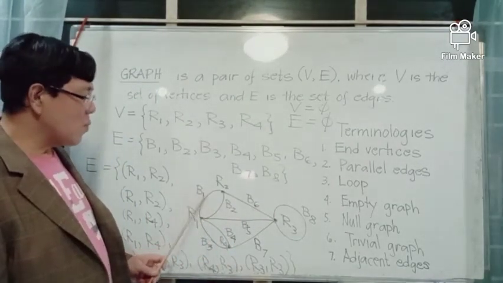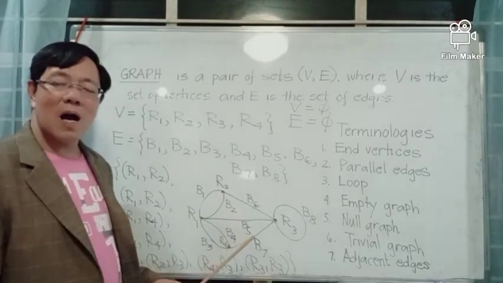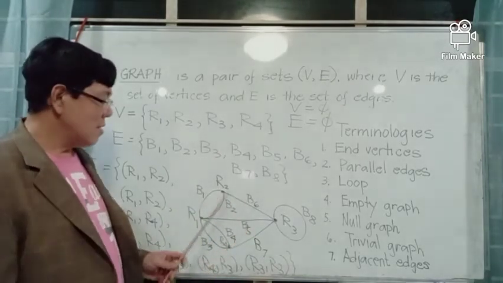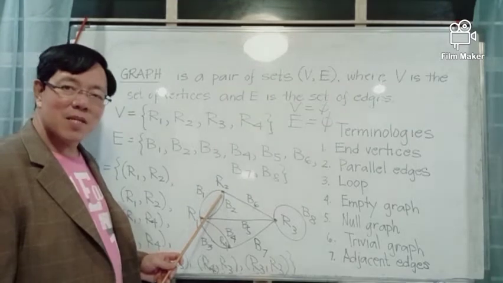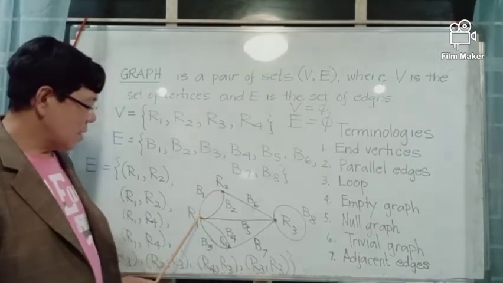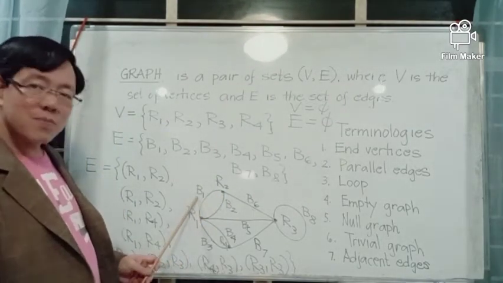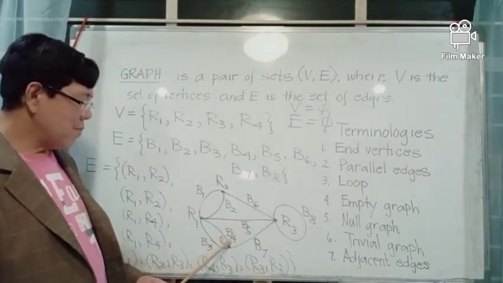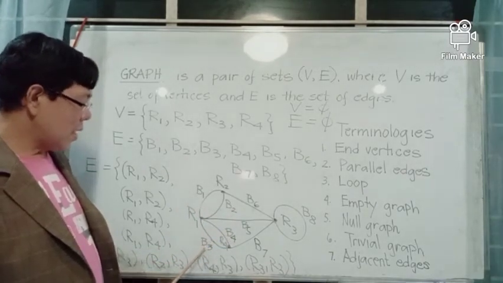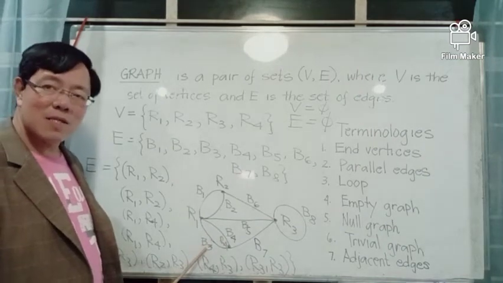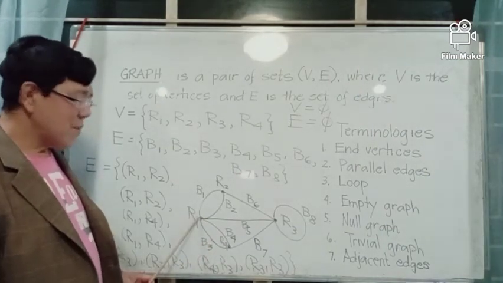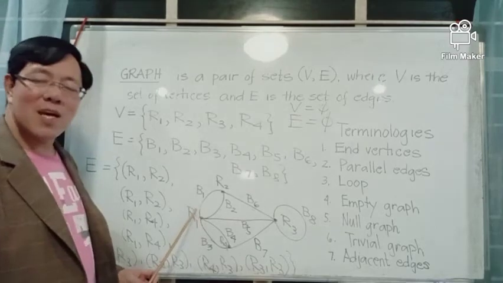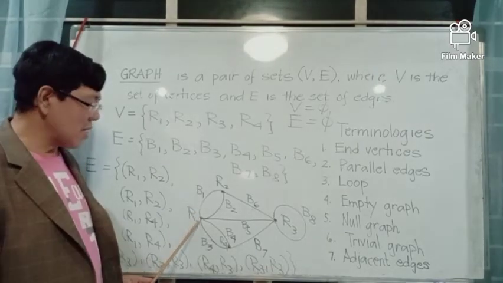These edges B1, B2, B6 are adjacent edges. They share a common end vertex R2. Also, these edges B1, B2, B5, B4, and B3 are adjacent edges because they share a common end vertex R1.